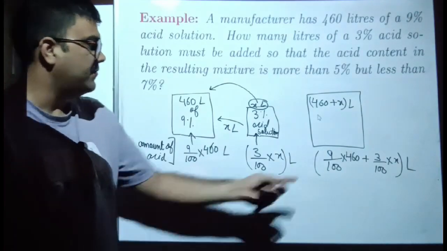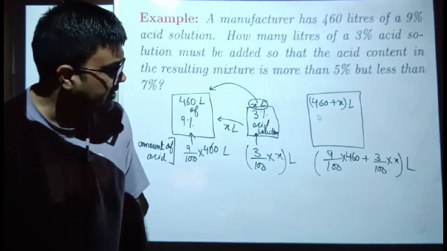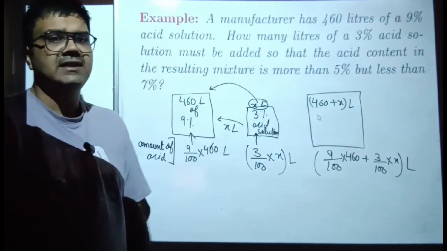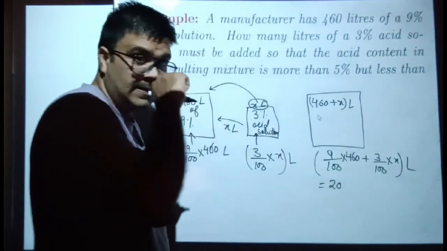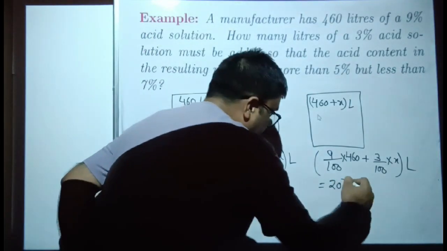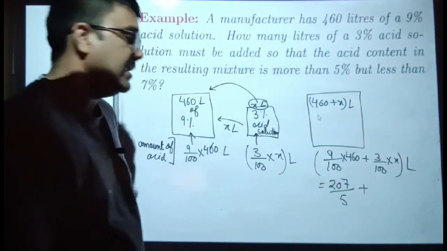If you simplify this, 460 times 9/100, the hundreds cancel, and the answer is 207/5 + 3x/100.